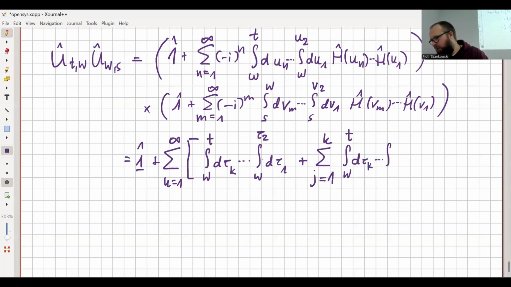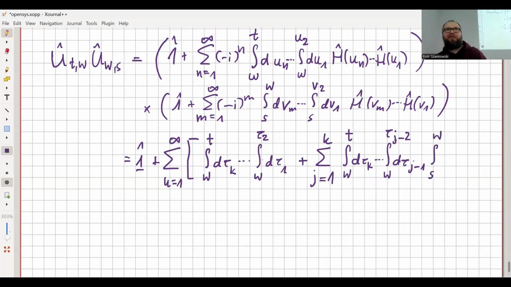So here you probably recognize, because the integrals go from w up, those guys come from the left, u. But we want to keep everything in one string, one sequence of indices. So let's enumerate it like this. And then we will have integral going from s to w.